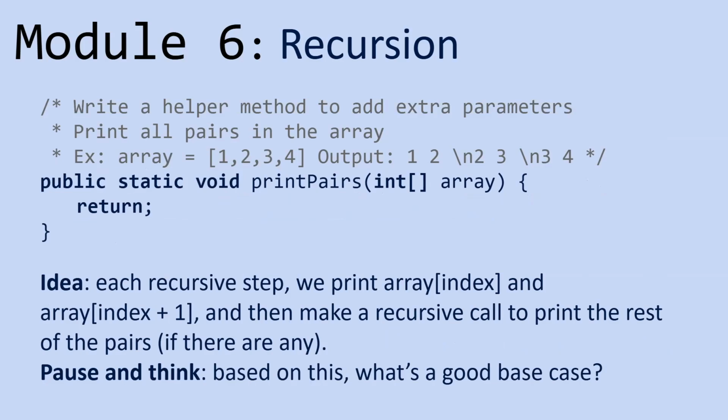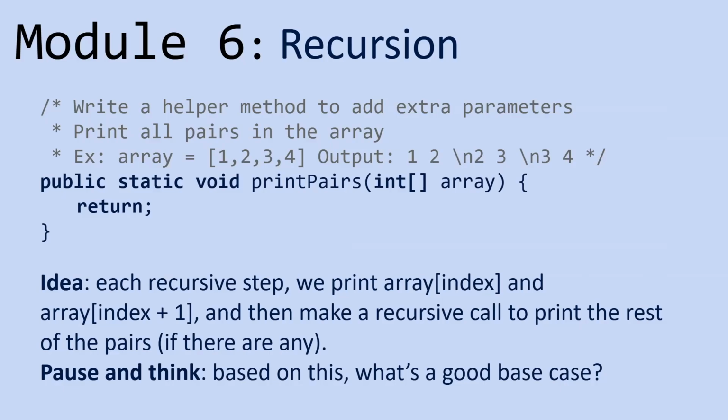All right. So, or wait, we're waiting a little bit for me to show you the base case, but basically our overall idea is each recursive step, we're printing the array at some index. So this tells you we need to keep track of an index because how else would we know where in the array we are? So the extra parameter we're going to have in our helper method is just the index of the array we're currently at.